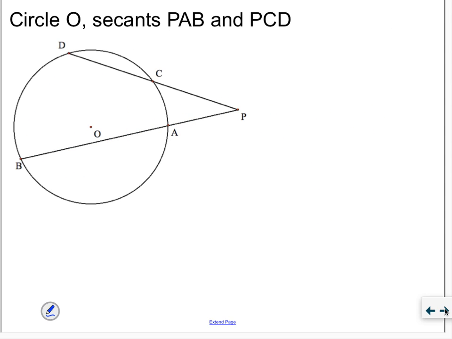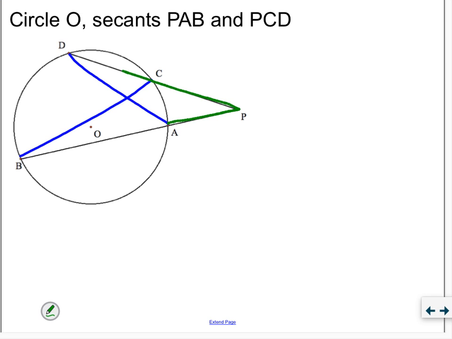Our third conjecture talks about two secants that are drawn to a circle. So beginning like I did before, I'm going to draw in 2 more chords. Now let's take a look at some similar triangles here.